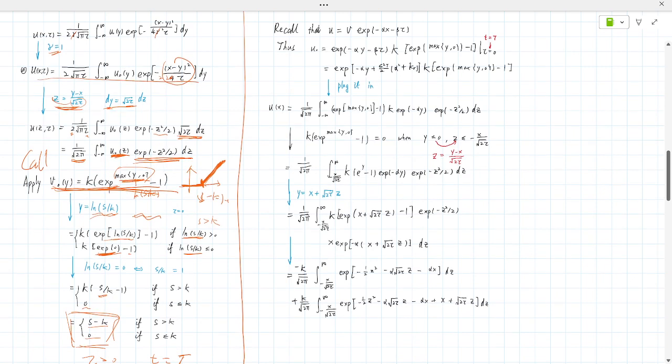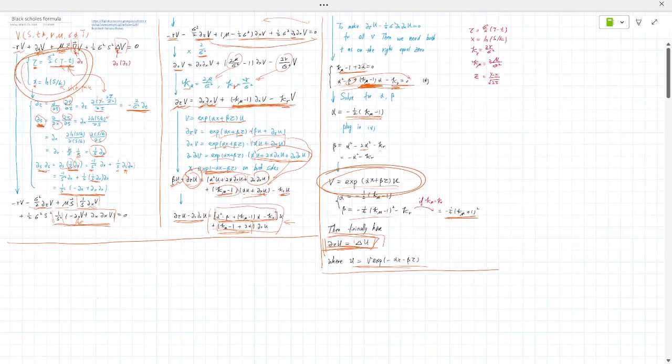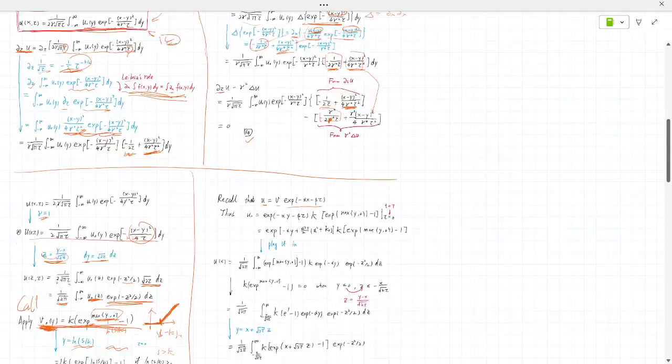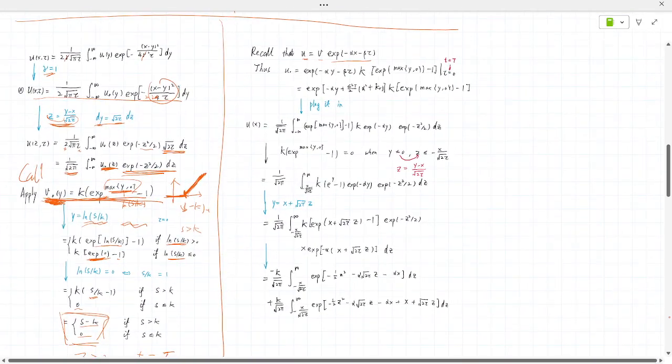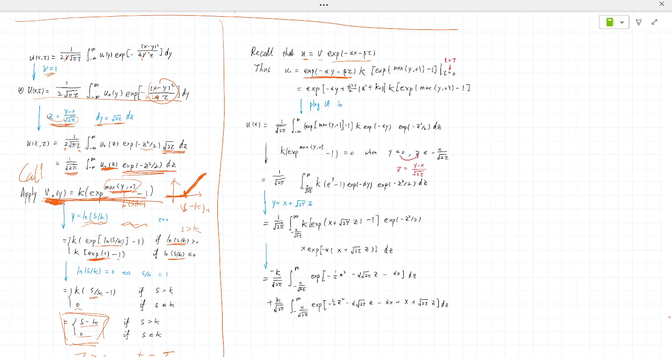And we will recall u equals v exponential negative alpha x minus beta tau. Then the boundary condition for u, based on this v, which is the actual derivative boundary condition, we remember the transformation we had, will be this: adding exponential alpha y minus beta tau at tau equal to 0, and this will go to 0.